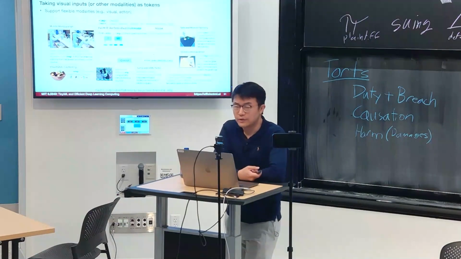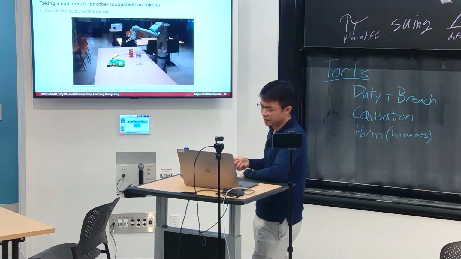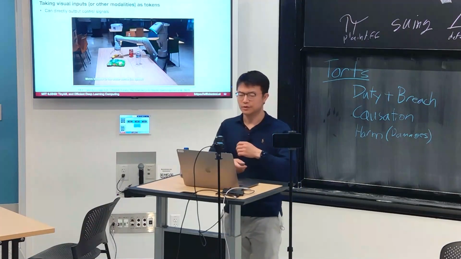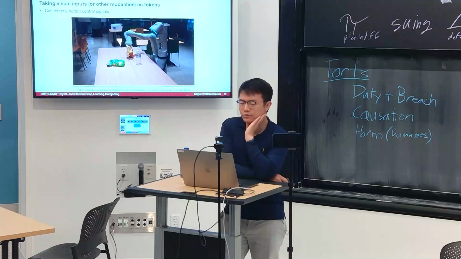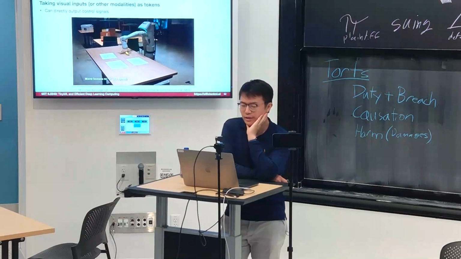So what is good about this part is that you have a very homogeneous model. Everything is tokenized, token in, token out, very uniform infrastructure. This is a demo produced by PaLM-E, which led to the development of RT-2, taking visual inputs as tokens and directly outputting these control signals.